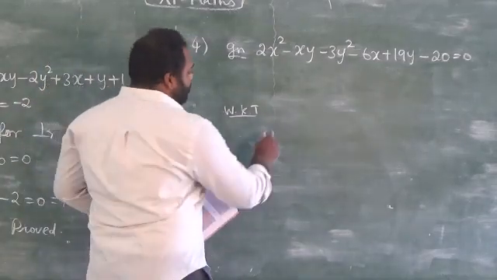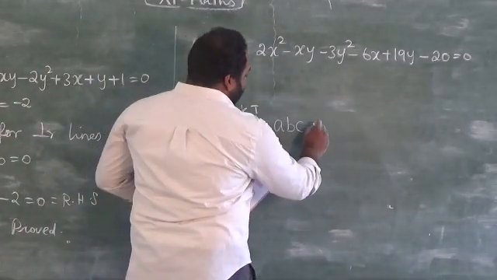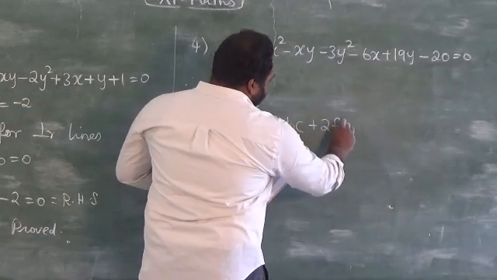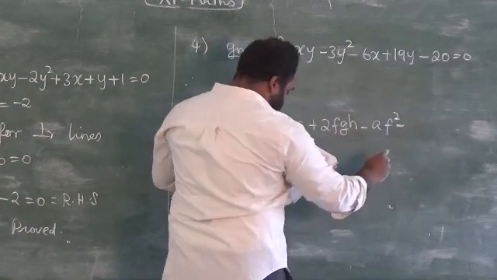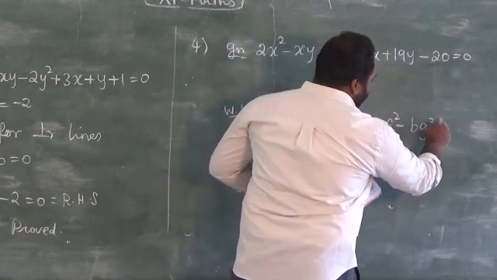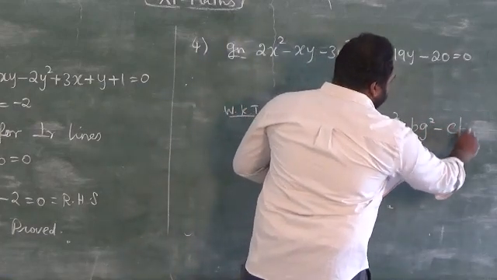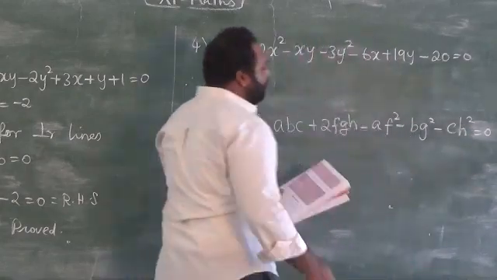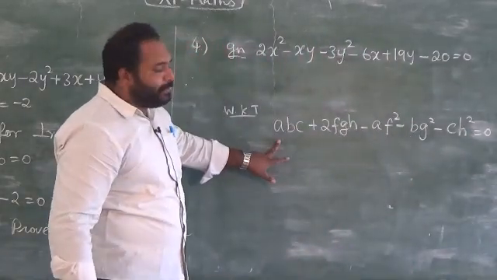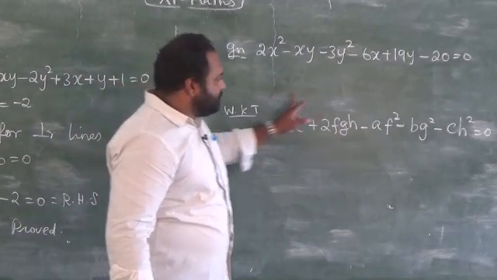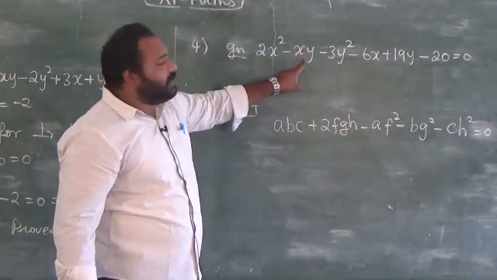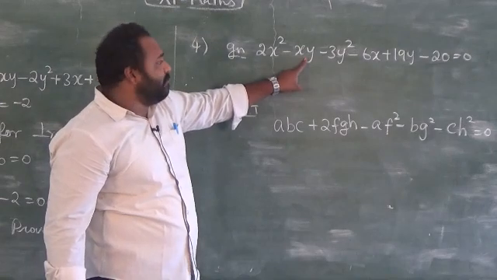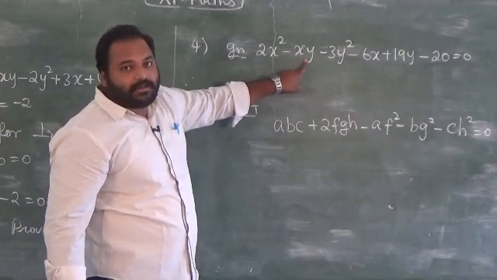Here I am going to take the third one, ABC plus 2FGH minus AF square minus BG square minus CH square equal to 0. If this general form is satisfied, we can say the pair of straight lines is proved.